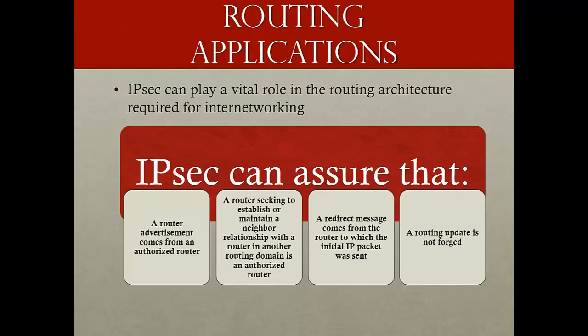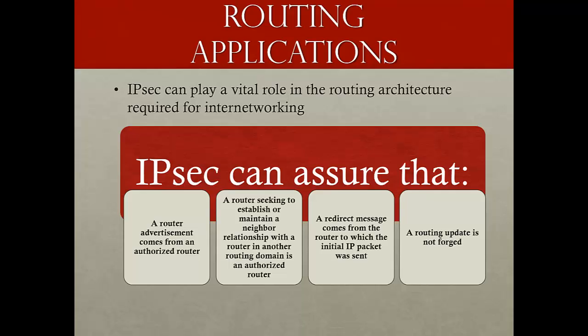Otherwise, you might have these rogue routers jumping in and trying to mess up all the routing tables, which is basically denial of service. Nothing will get anywhere. Or they may just try to implement a man-in-the-middle attack. Also, a neighbor advertisement, a router trying to establish or maintain a neighbor relationship, can verify the authenticity of the other router.